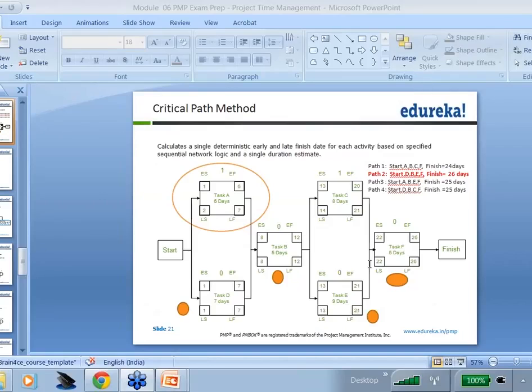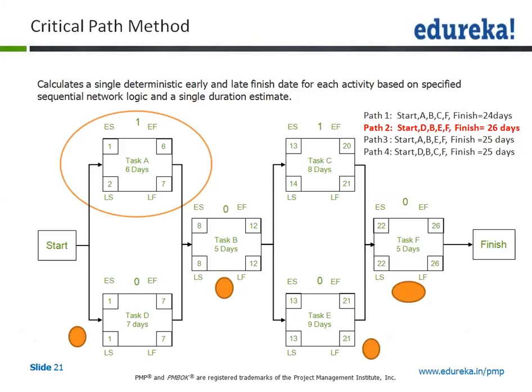By completing the picture on the screen, you now have a good understanding of the 4 different paths which are available for us. And we talked about the forward pass, backward pass, early start, early finish, late start, late finish.